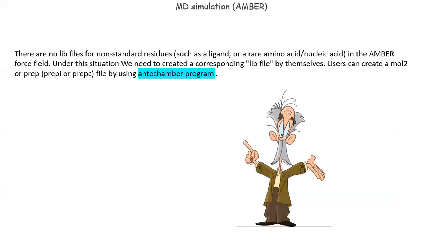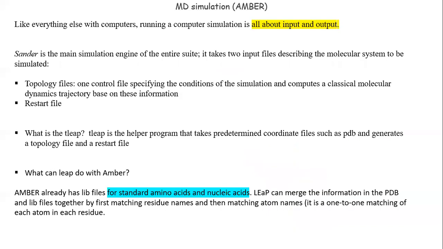I told you that Amber libraries have specific lib files for all these standard amino acids or standard atoms. So how about the heteroatoms that actually exist in a PDB file?